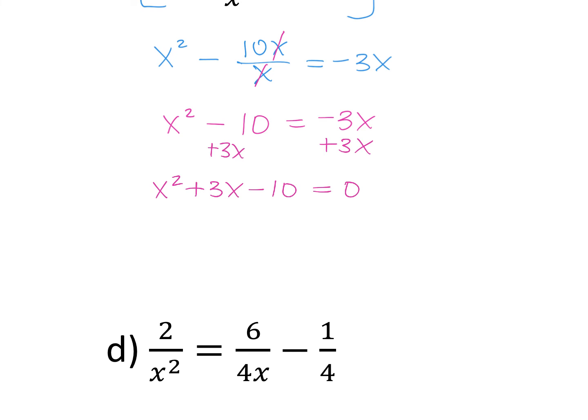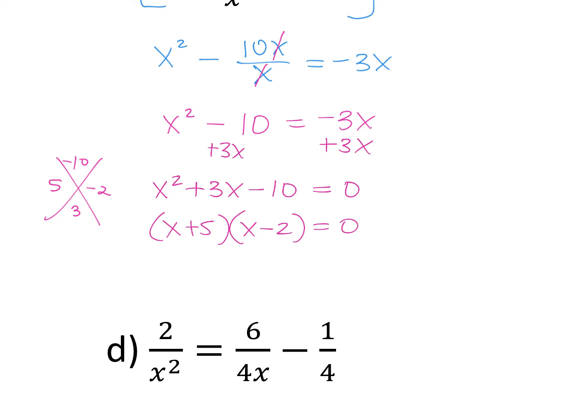If you have an x squared and an x, you want to set it equal to 0 and factor it. What does this factor to? What can you multiply to get negative 10 that you can add to get 3? 5 and negative 2. So you get x plus 5 times x minus 2 equals 0.